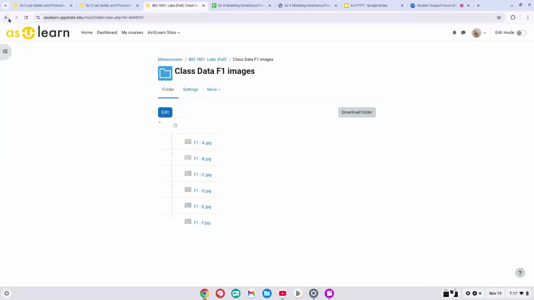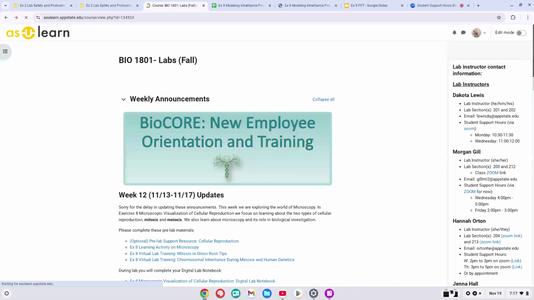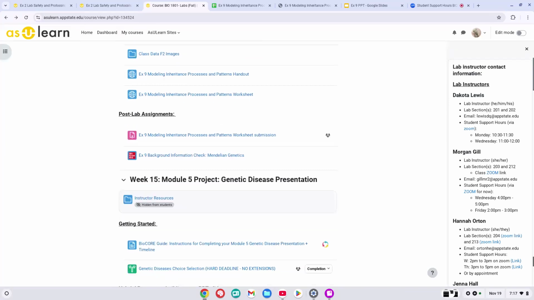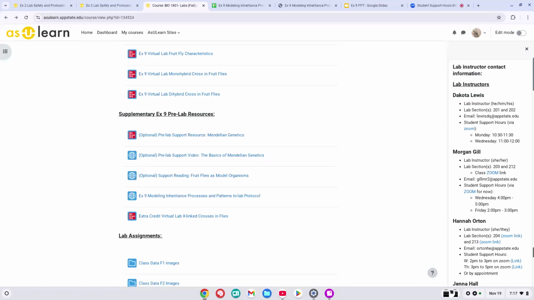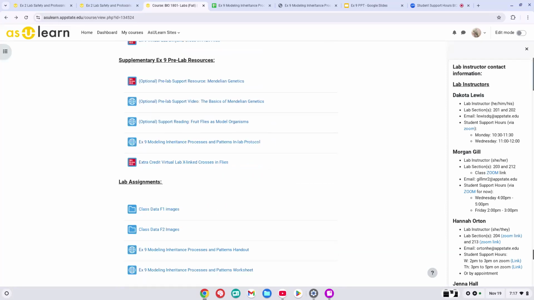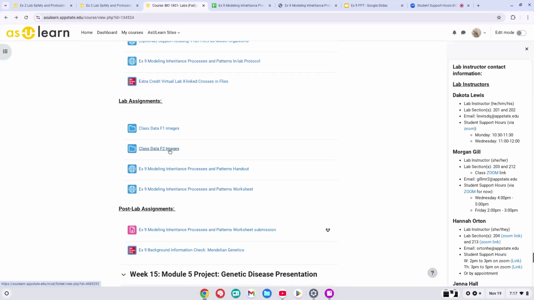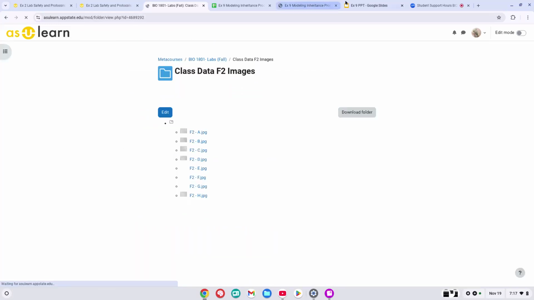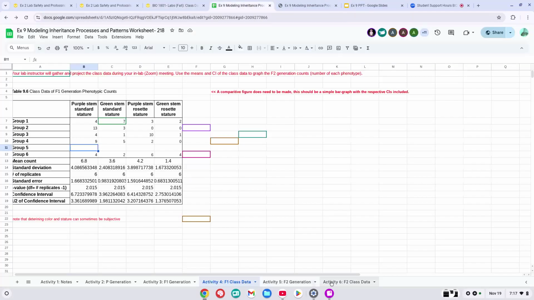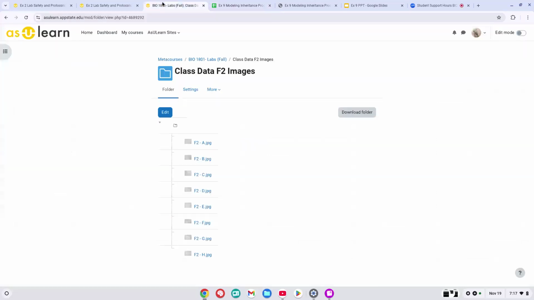Now when you look at this next set of images, you're going to be looking at the class data F2 images when you're working on that next set of the worksheet, the F2 generation with activity 5 and 6.